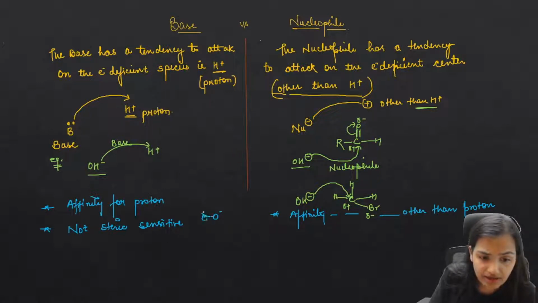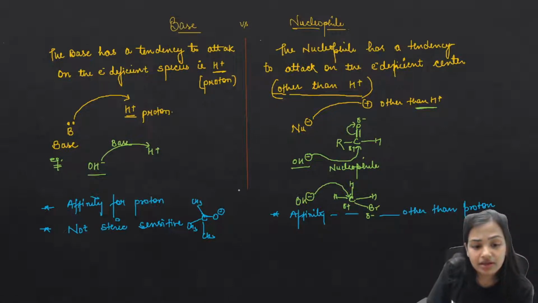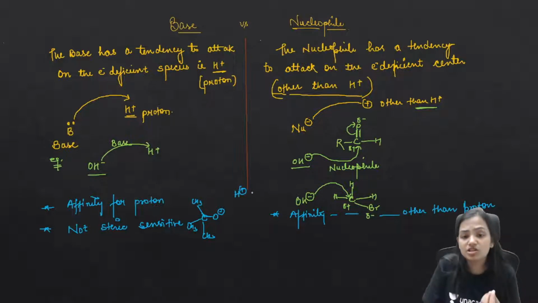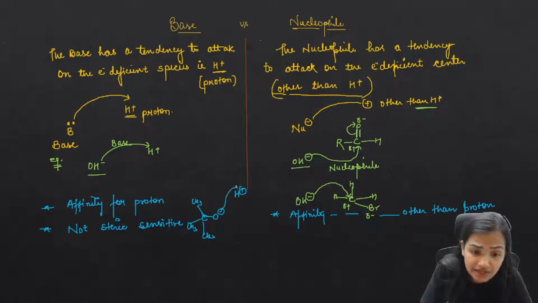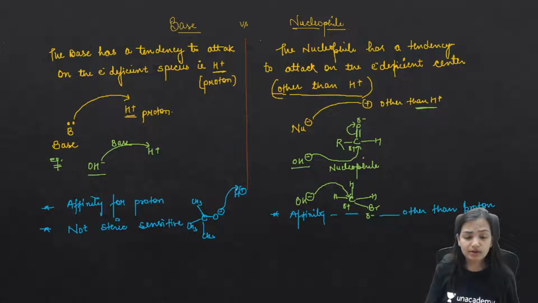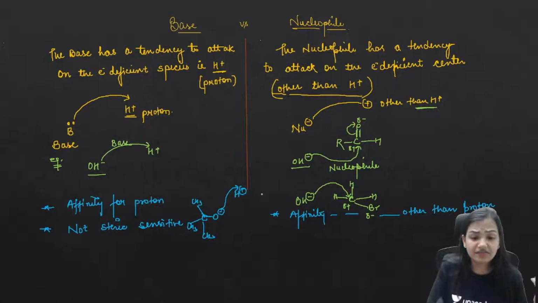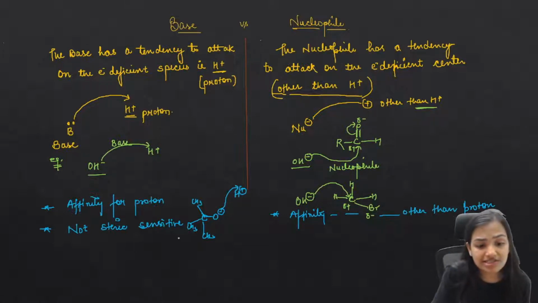Let's say here I am having a carbon with 3 methyl groups, this is also methyl, this is also methyl, and this is O negative. What can happen here? This has to attack over the H positive. H positive is a very small species having only one s orbital where there is no electron, it is totally vacant. So this negative can easily attack over this H positive. So bases are not steric sensitive. If they have to show the affinity for proton, it's very easy for them to attack.